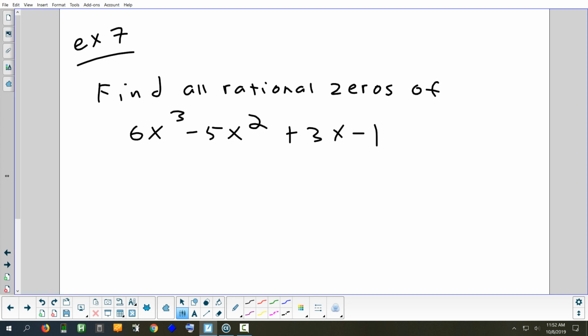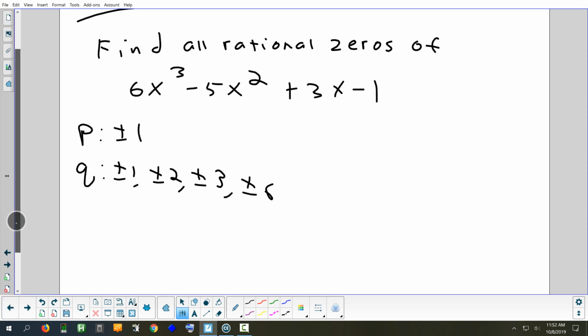Let's try this one, and then we'll finish with that one. Find all rational zeros. What's the first thing I have to write down? P's and Q's. What's P in this case? And Q? 1, 2, 3, and 6.